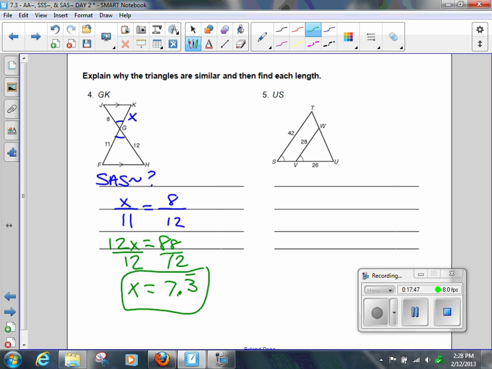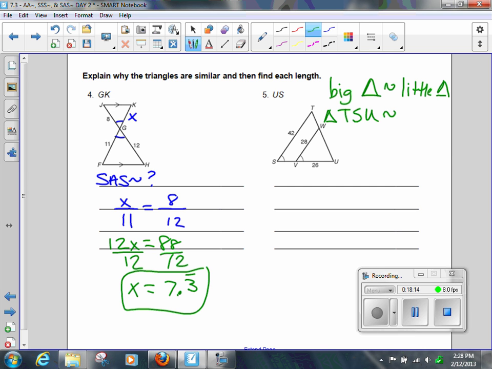No. If 42 is from the big triangle, let's name these. Hold on. Write this down. If you had to name the big triangle, how would you name it? TSU.